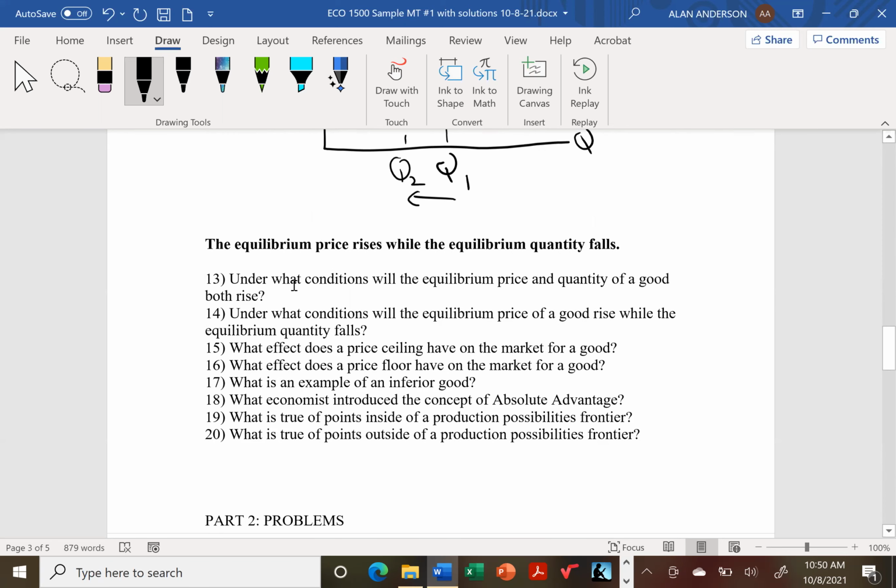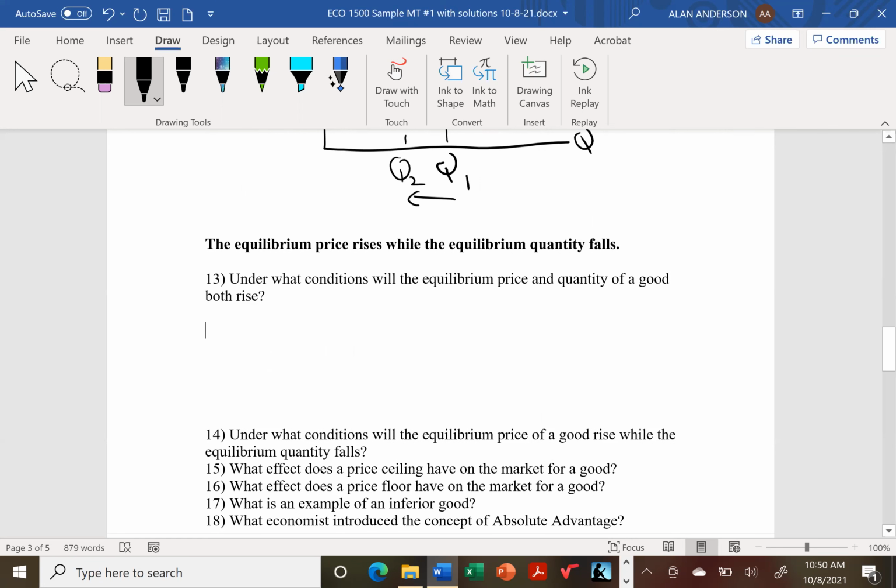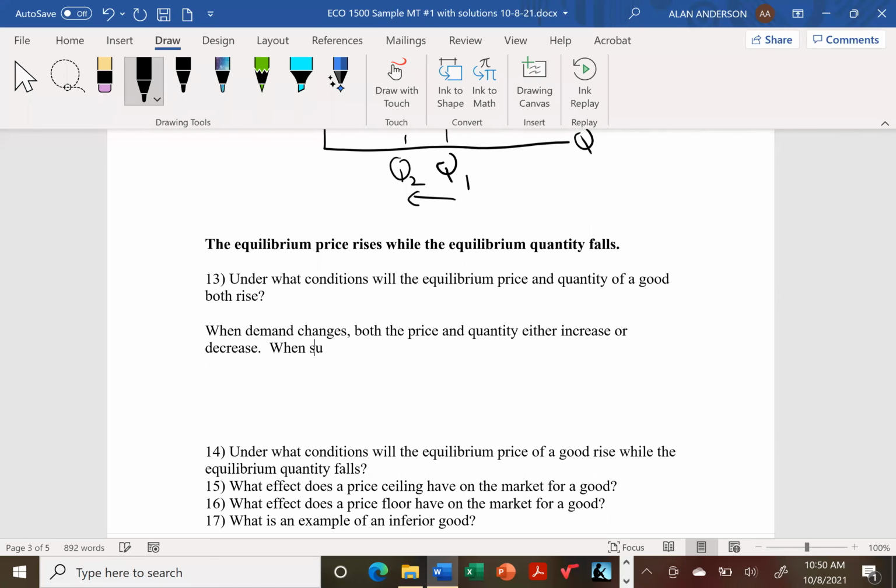All right, so under what conditions will the equilibrium price and quantity of a good both rise? Now, keep in mind here, as a rule of thumb, when demand changes, both the price and quantity either increase or decrease. When supply changes, the price and quantity move in opposite directions.